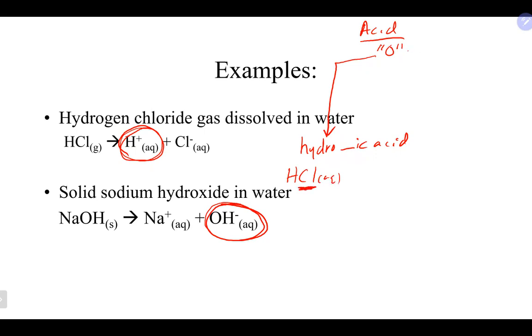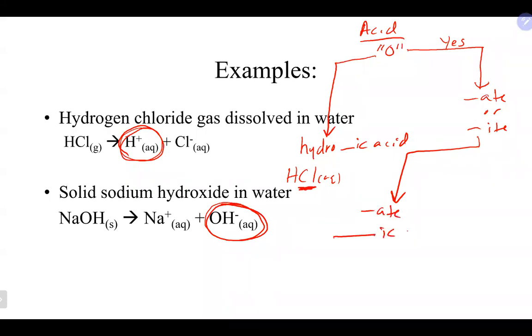Remember that if your acid does contain oxygen, it will contain one of those polyatomic ions that end in either ate or ite. If your ion ends in ate, the acid name is something-ic acid, like HNO3.